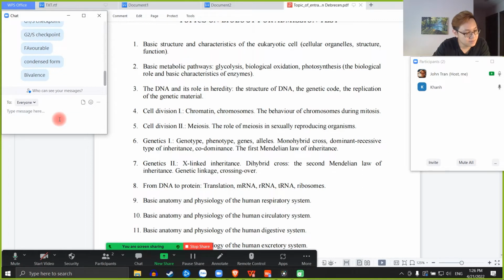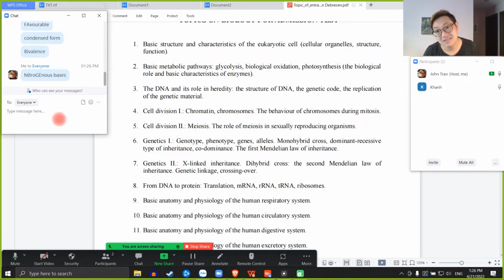We call them nitrogenous bases as well, because basically they contain nitrogen. Nitrogenous bases or organic bases, different naming, you know.